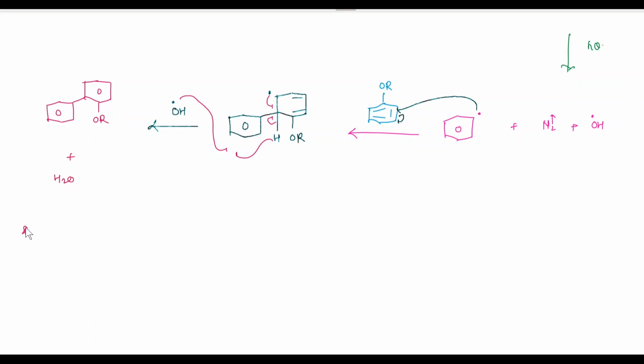Now we will take another example. Here para-bromoaniline plus benzene in the presence of first NaNO2, concentrated HCl and base.